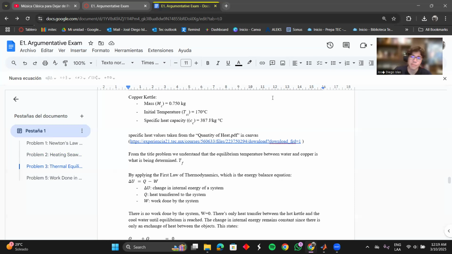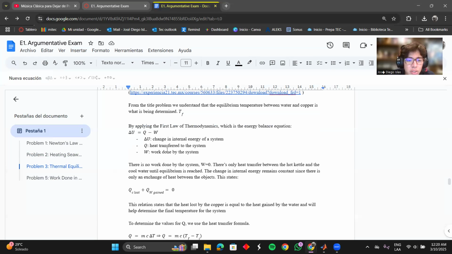Our system doesn't really have any work, so we just have the relation that the change in internal energy is equal to the heat transfer. So from this we know that there is no extra energy or less energy in the system from the point it starts to the point it finishes.